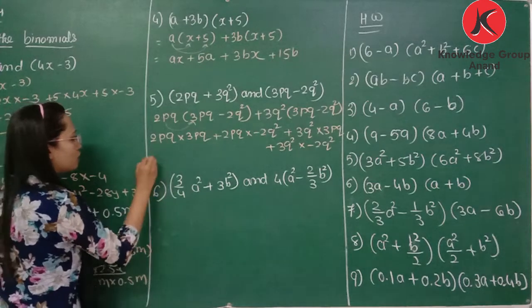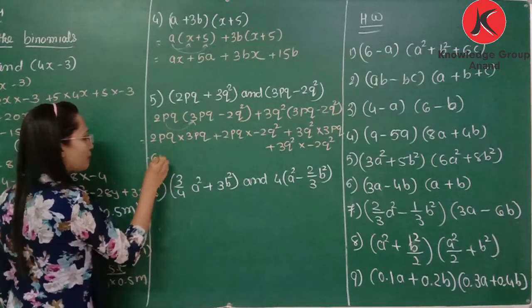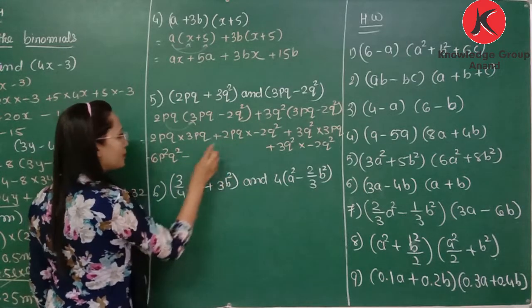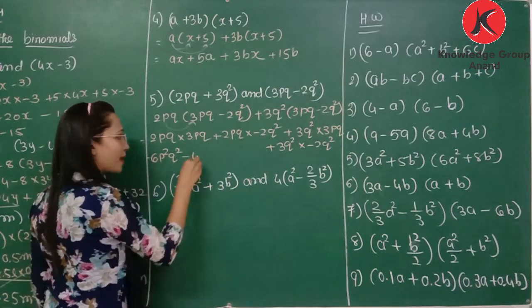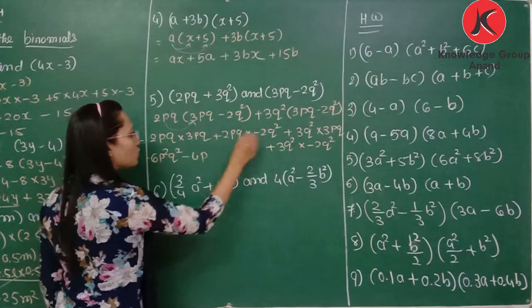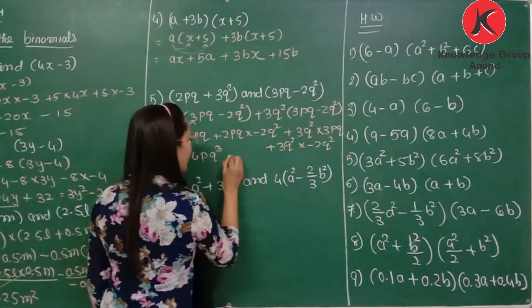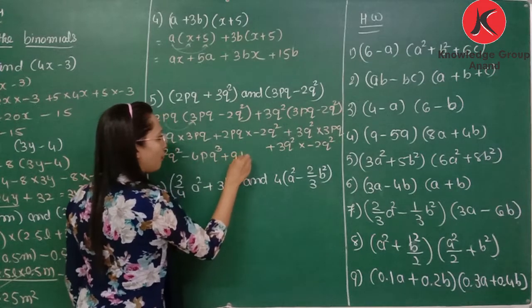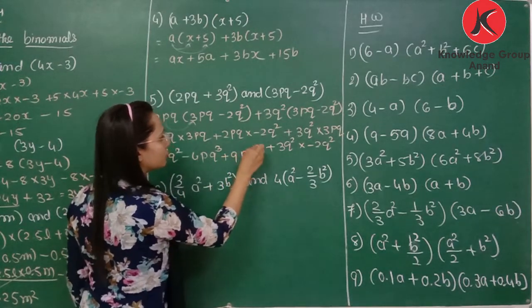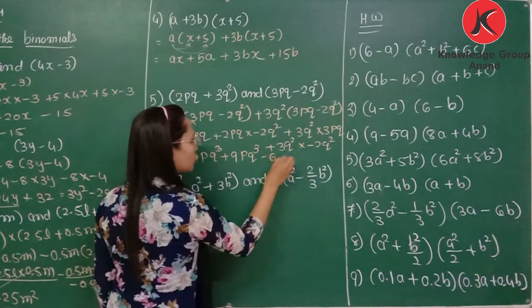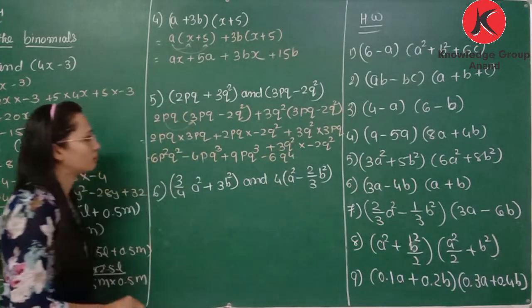Now here it will be 2 3s are 6, p square q square, 2 multiplied by minus 2 becomes minus 4, p, q and q square become q cube. 3 3s are 9, p q cube, and this one becomes minus 6 q raised to 4.